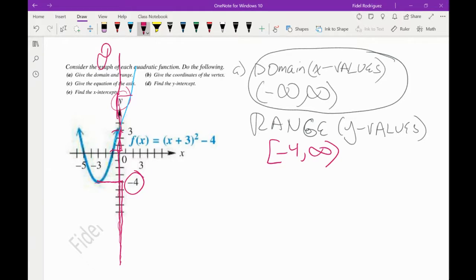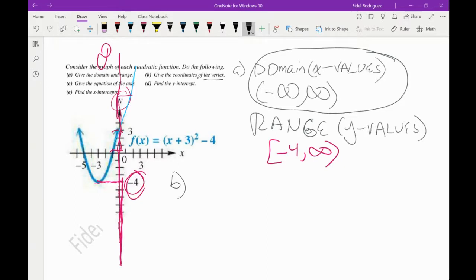Because I'm thinking about my y-axis. That's why I'm tilting my head to the left, so I can look at the picture and ask, if I start coming up, when do I first hit that graph? Right here at -4. And then if I keep going up, I'm always going to hit my graph, okay? So that's what my range would look like. Now, let's get to part B.